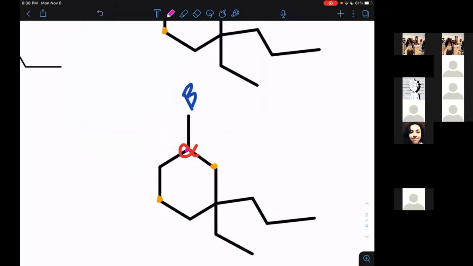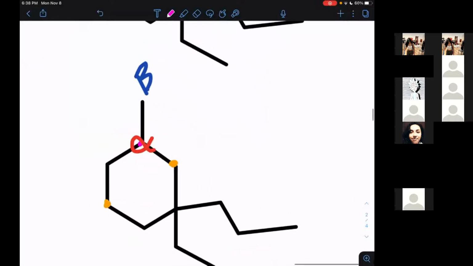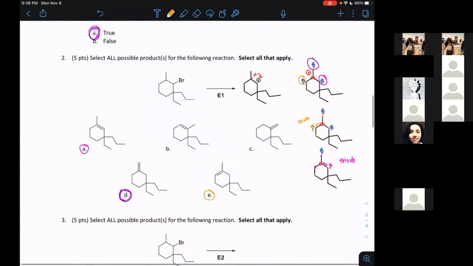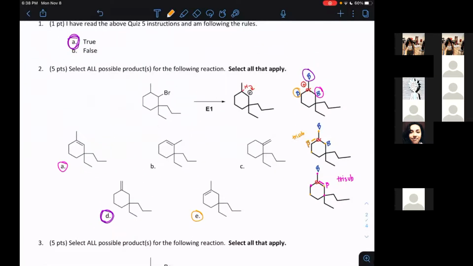Okay. Yeah, so if we had this one, we'll have a double bond here, and this one will be 1, 2, 3, tri substituted also. And then I'm not going to draw the whole one for the minor one, but this one up here would be just di substituted. So yeah, both A and E are major.